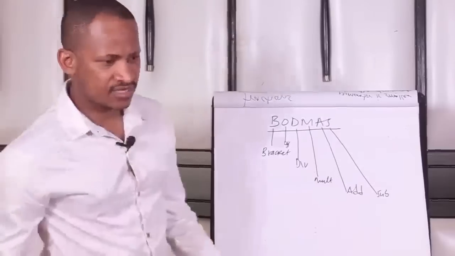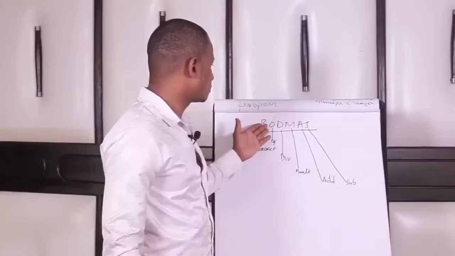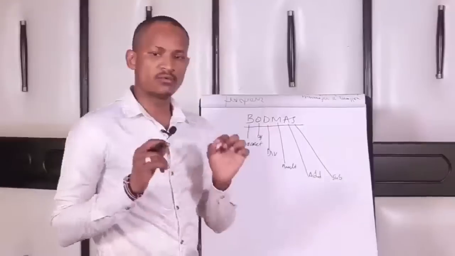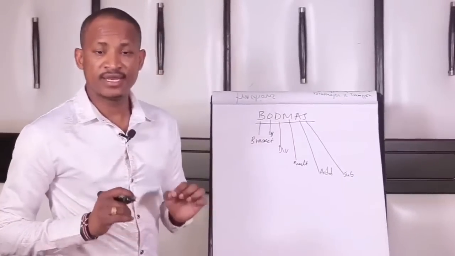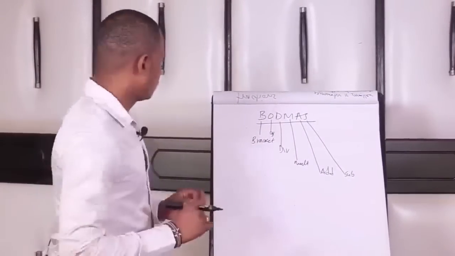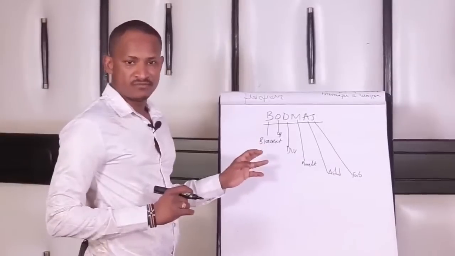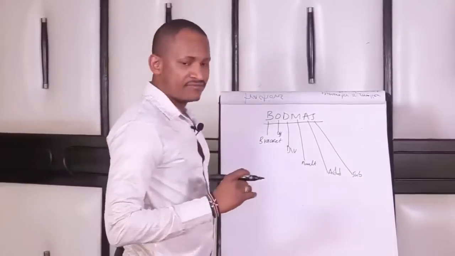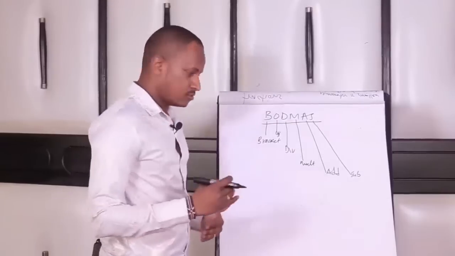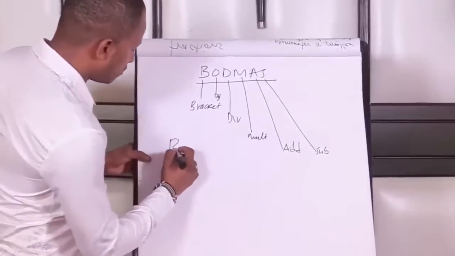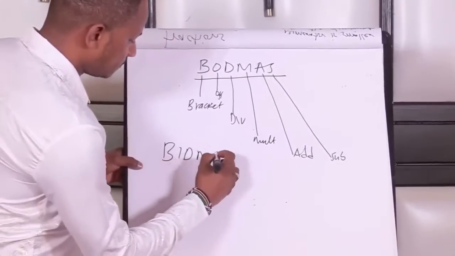So in whole numbers and fractions, you will notice that we will use a lot of this so long as you are given more than one sign in a sum or in a problem to solve. At an advanced level, we use what we call BODMAS.